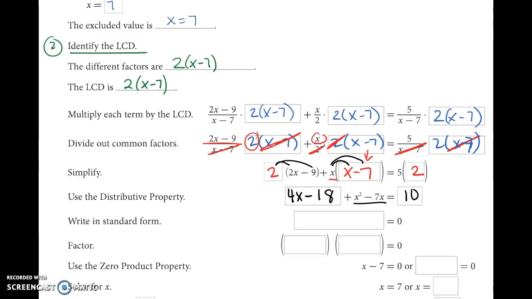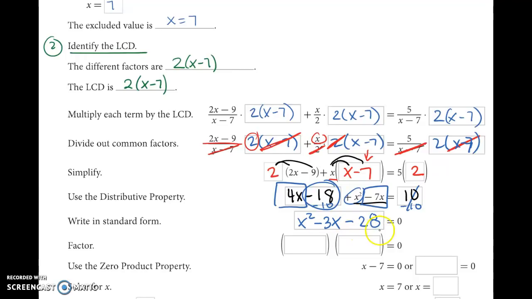So I'm going to subtract this 10. Right, and I wrote it underneath the 18 because the 18 is a constant and the 10 is a constant, so I can combine those. And I'm going to get, let's see, x squared, and a 4x and a negative 7x gave me a negative 3x. And that 18 and negative 10 gave me a negative 28.